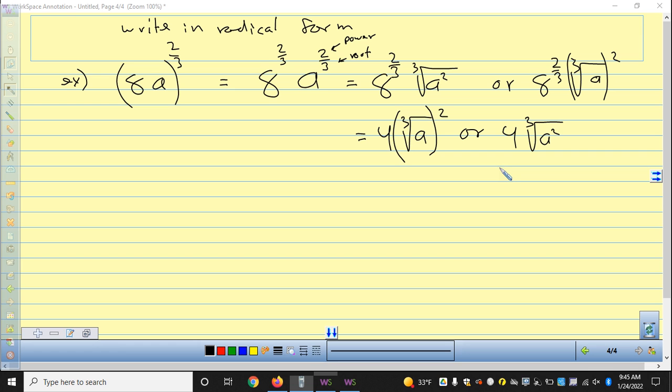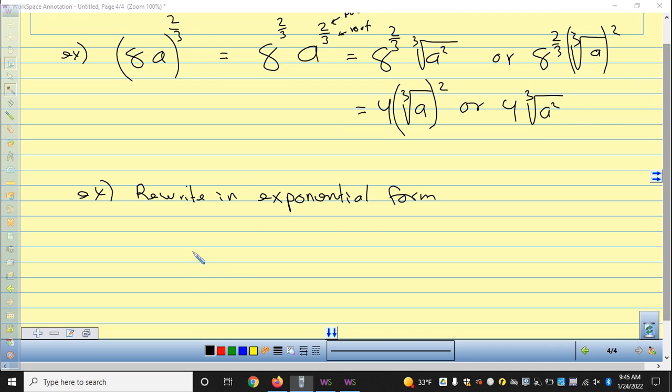Okay, let's look at another example. This time we're going to go the other direction. Rewrite in exponential form. So we're going to start in radical form and rewrite it in exponential form.